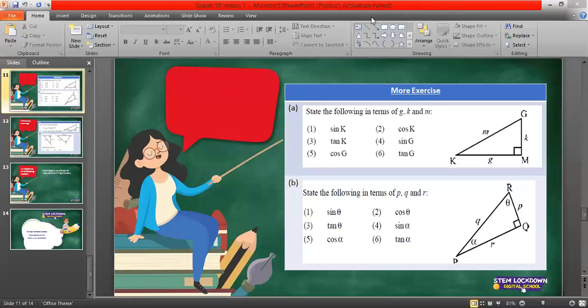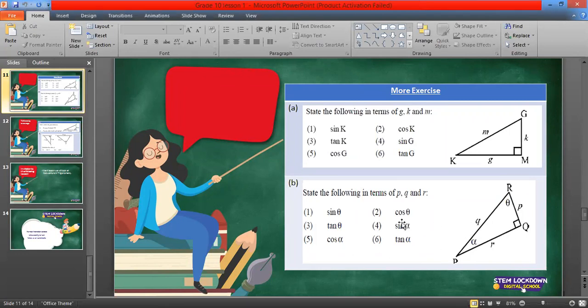Our sine theta will be equal to opposite, which is r, over hypotenuse q. So our sine theta is r over q, similar to k over m and g over m in the earlier one.